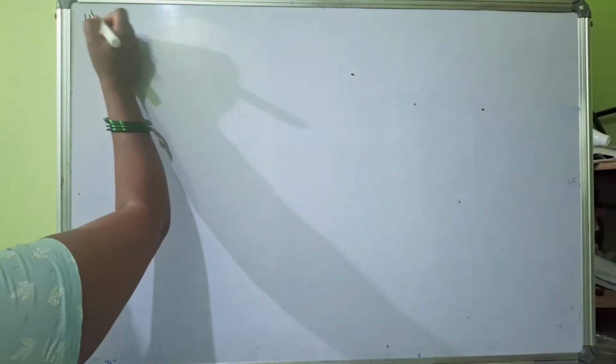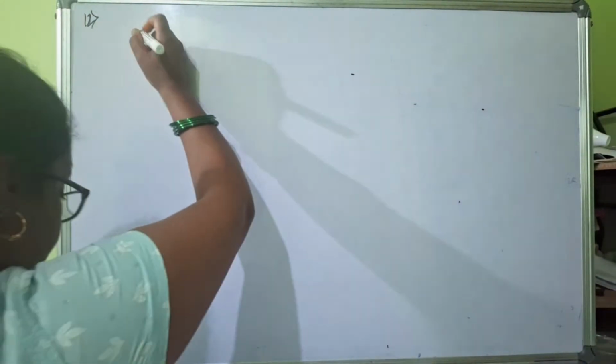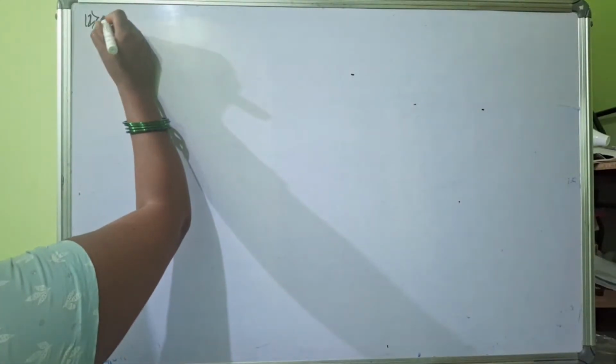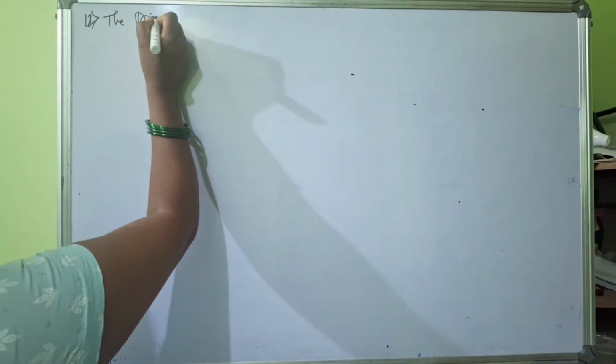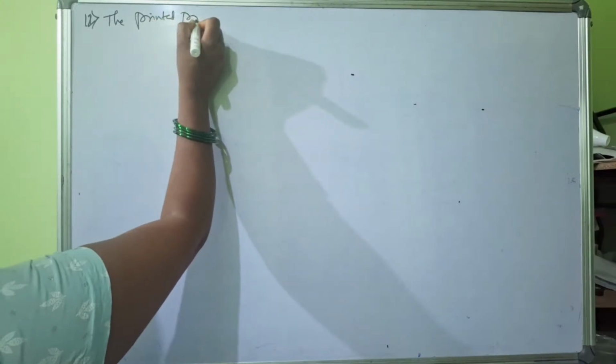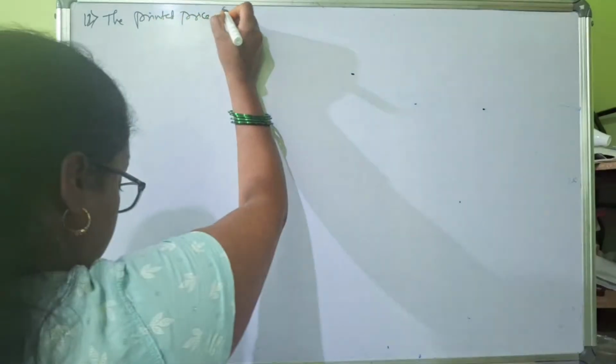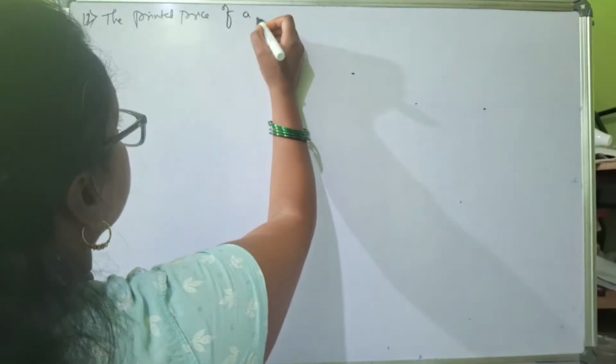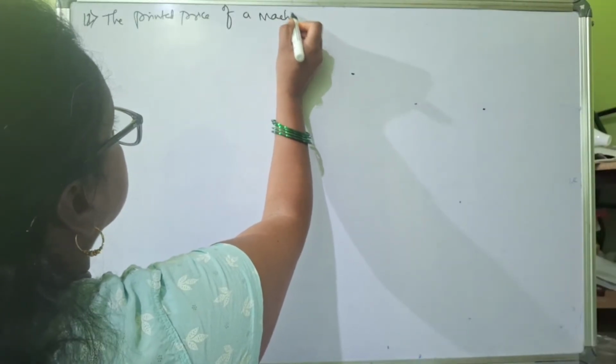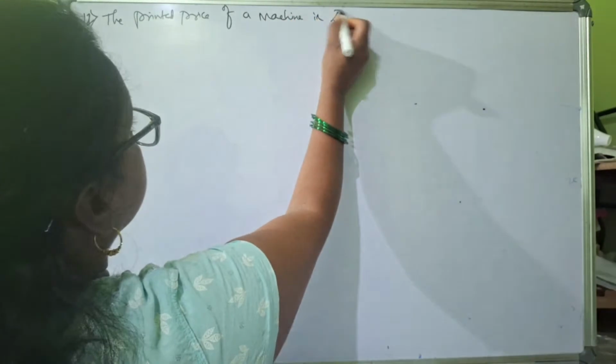And the 12th question is: the printed price of a machine is rupees 90,000.